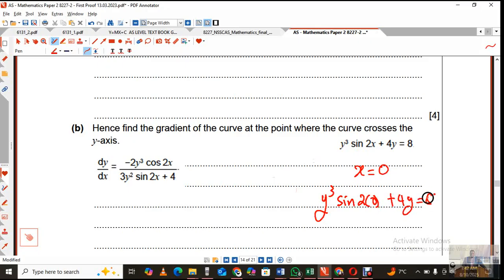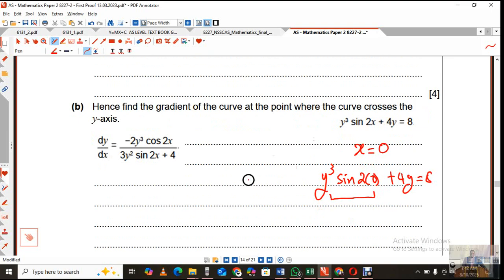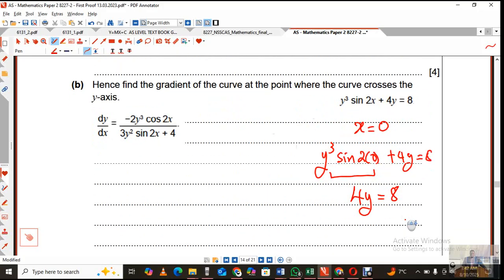On this side it is just going to be 0 because the sine of 2 times 0 is 0, never mind whatever is being multiplied over it. So I'm left with 4y is equal to 8, and therefore y is 2.